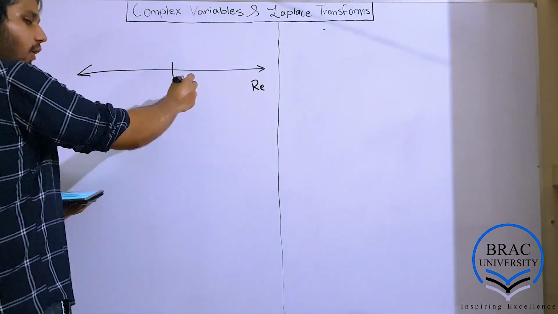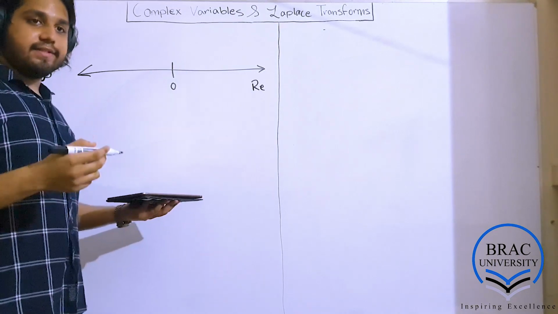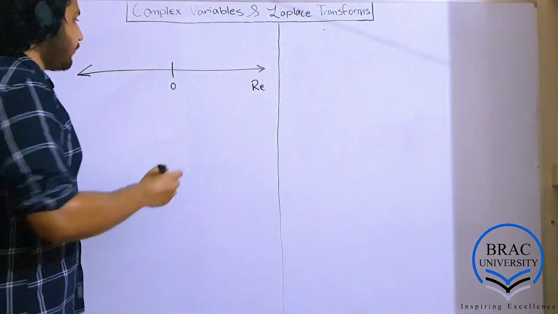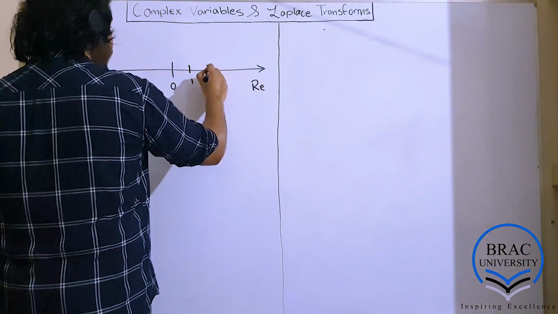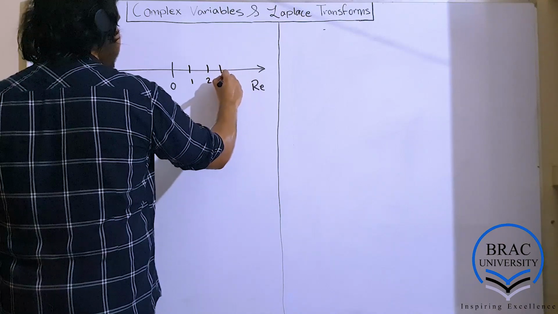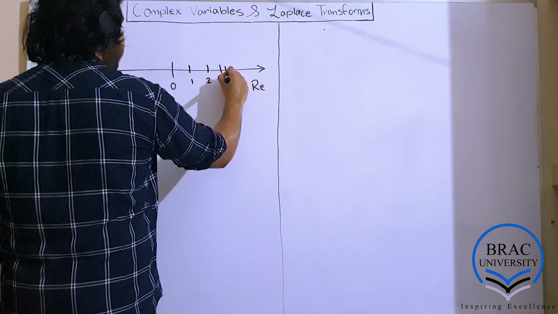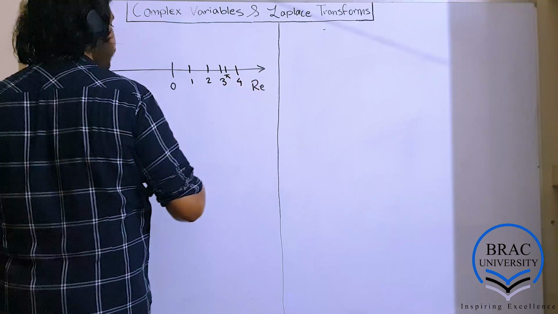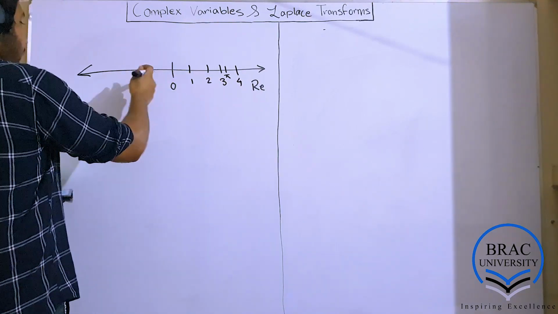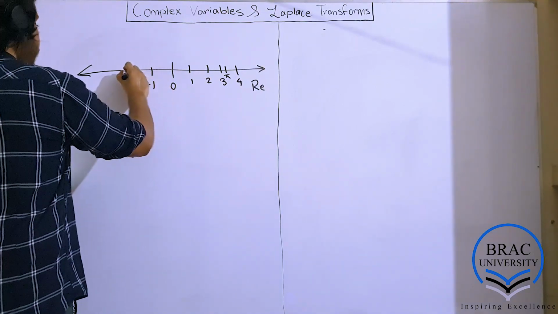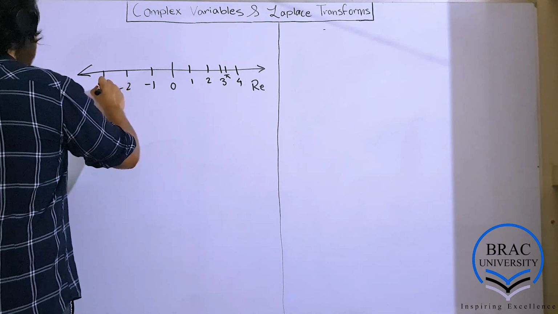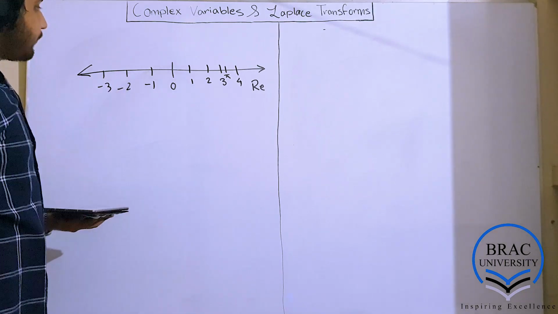Here you have all the numbers which could ever exist in the real number domain: 1, 2, 3, pi here between 3 and 4, and so on and so forth, including negative numbers as well: minus 1, minus 2, minus 3, and so on.